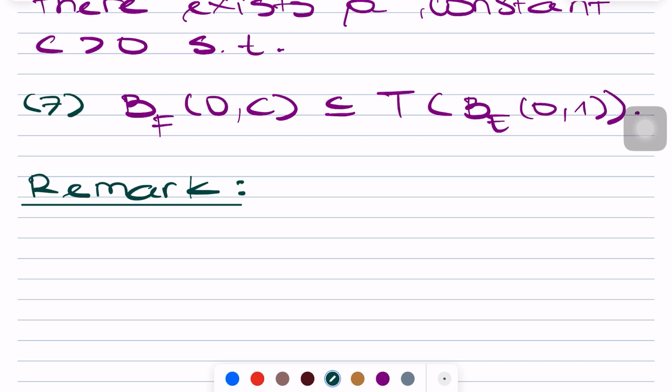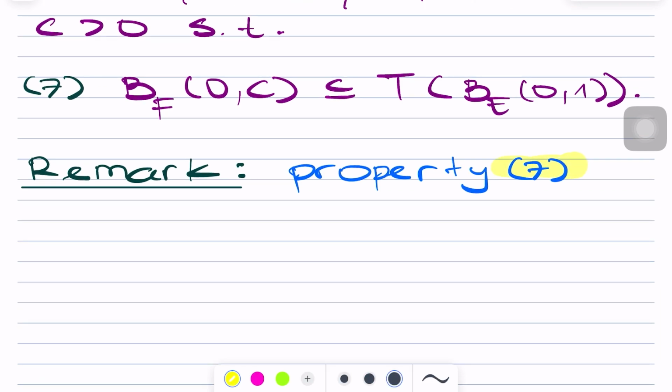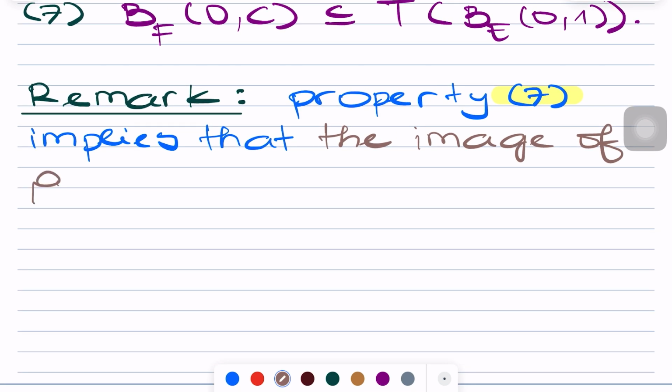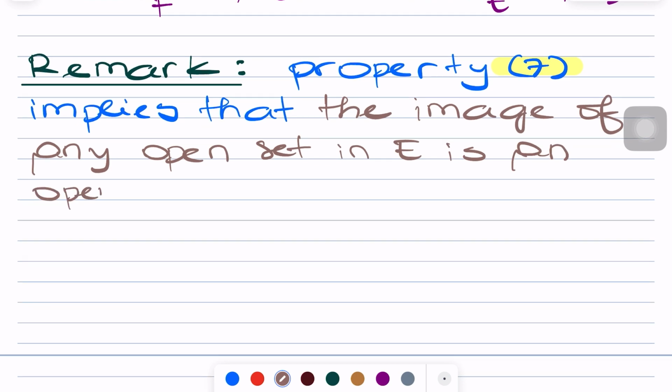Property 7 that you see written here has another interpretation, or implies something: property 7 implies that the image of any open set in E is an open set in F.